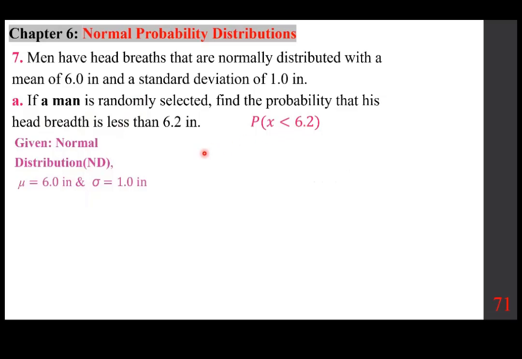What matters here, you're dealing with one subject. So probability of x less than 6.2, using the z-score, z is x minus mu over sigma. We plug in, we replace the x with this number 6.2. Standard normal distribution, SND, either table or technology.